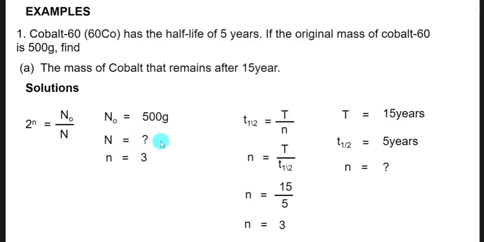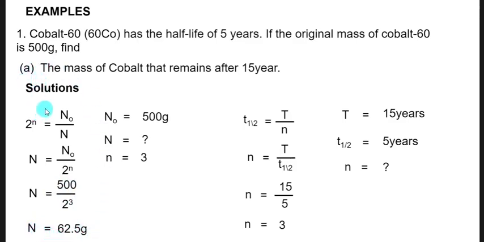It will be N is equal to N0 over 2 to power n. Then N is equal to 500 divided by 2 to power 3, which will give us N is equal to 62.5 grams. So this is the answer.